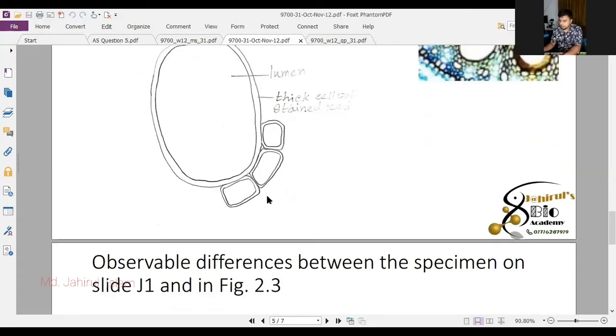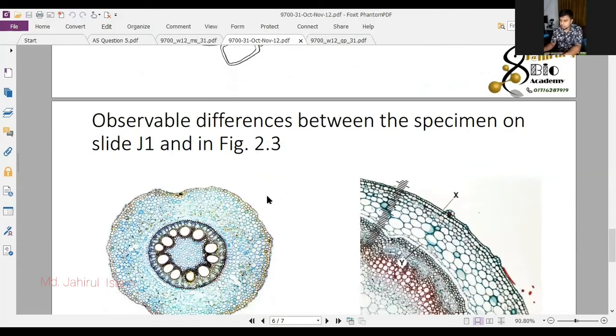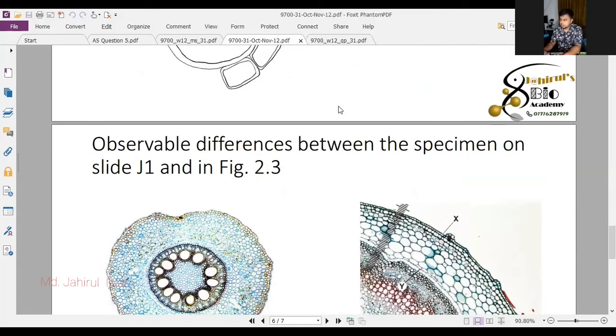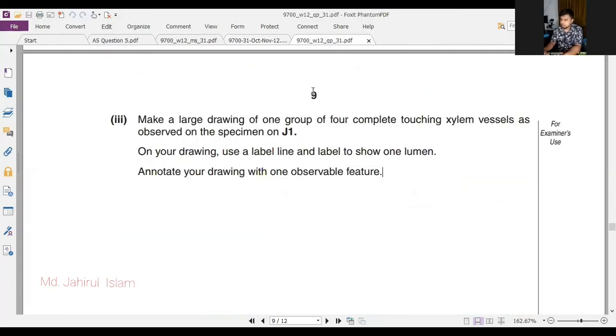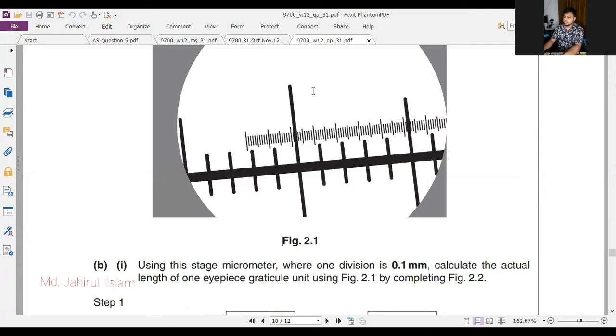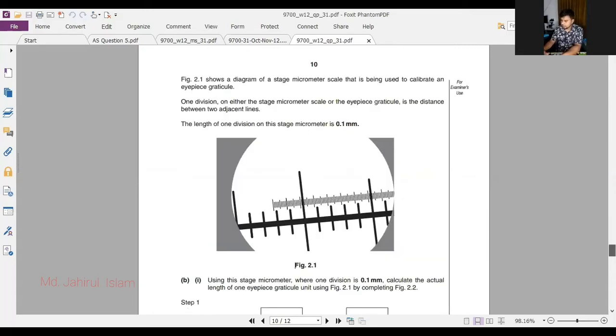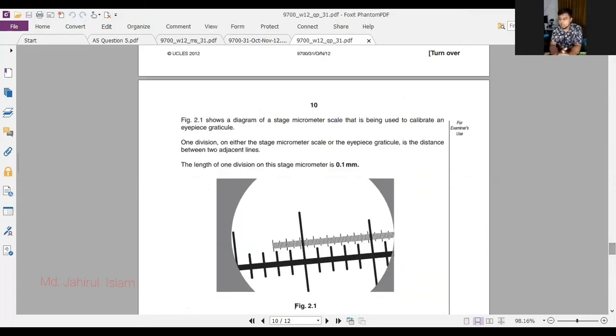Okay, so I'm going to solve the second part of this question. This is some calculation they will always ask, that is actually called calibration. I'm reading the question.